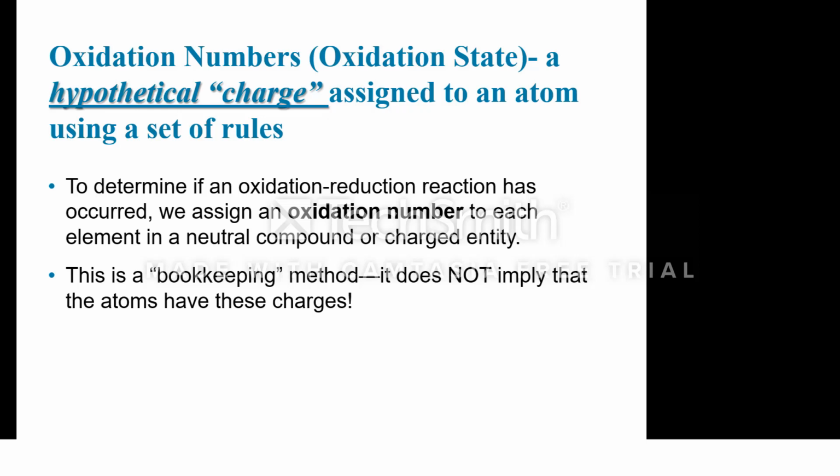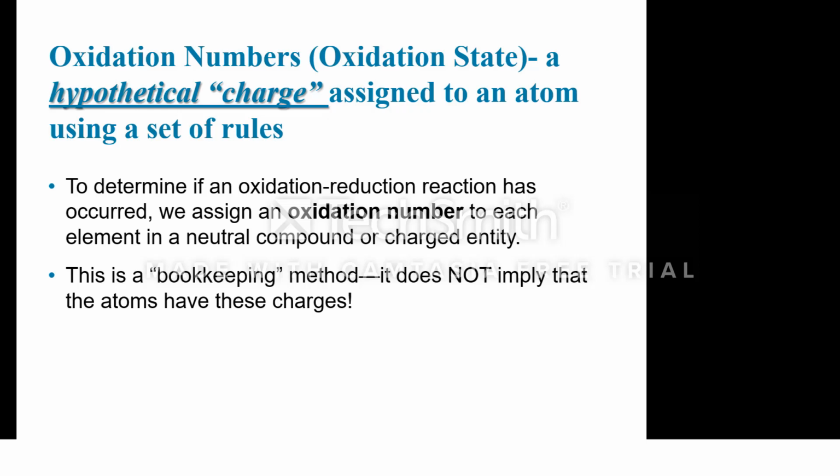Oxidation numbers are described by a set of rules that chemists use to keep track of electrons in a reaction. This is just a form of bookkeeping that chemists made up. Oxidation numbers are not electrical charges, but positive or negative numbers telling us how electrons have been transferred.